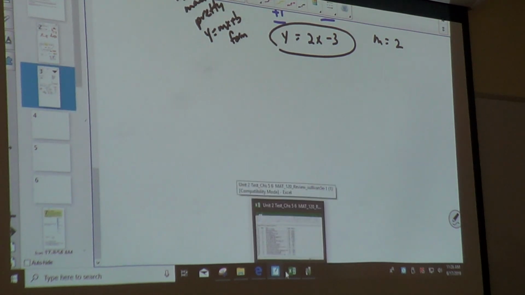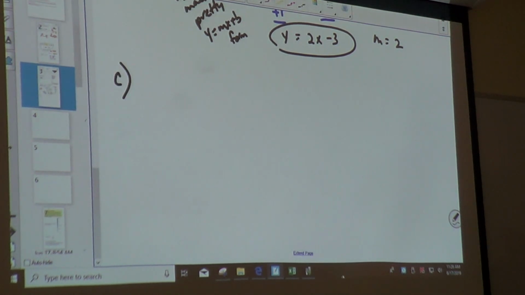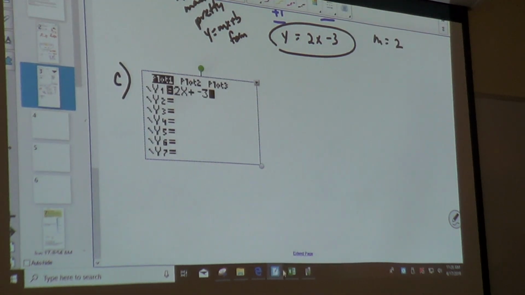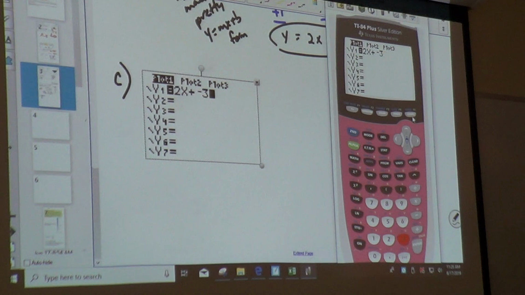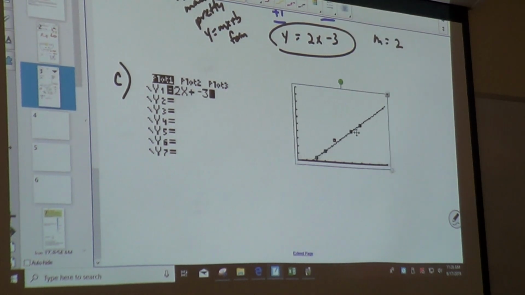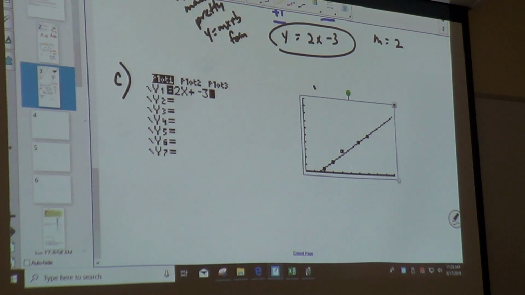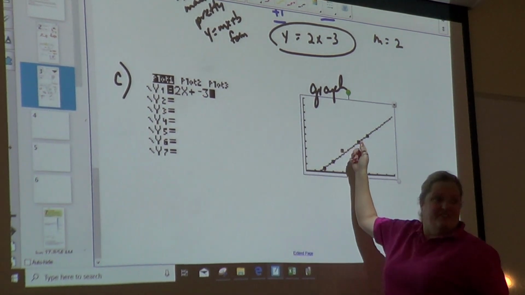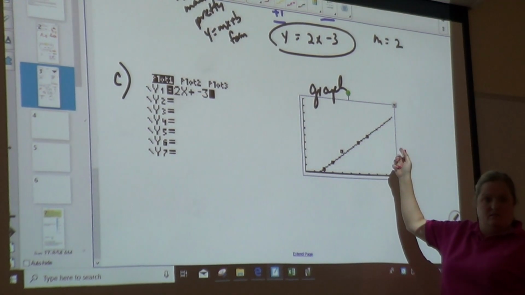So, for part C, I plug that equation into y equals, and then I hit the graph button. So what your calculator is doing is it's taking the points that you plugged in from L1 and L2, and it's taking your line that you just plugged in.